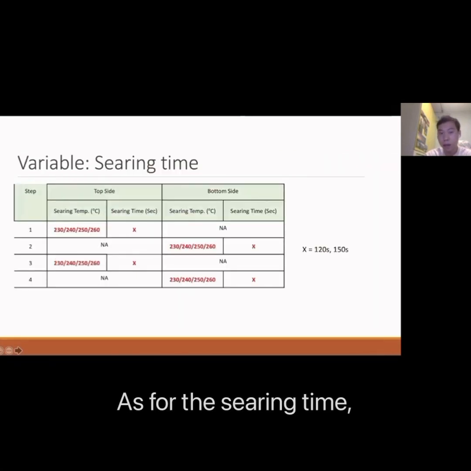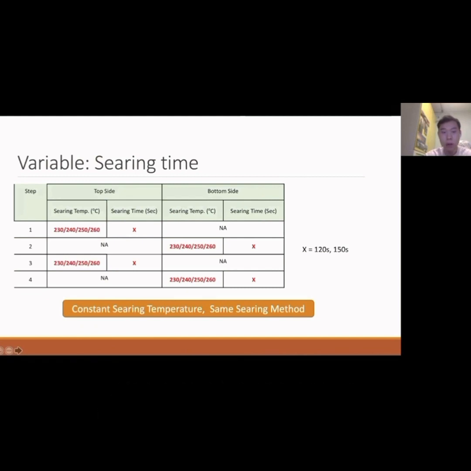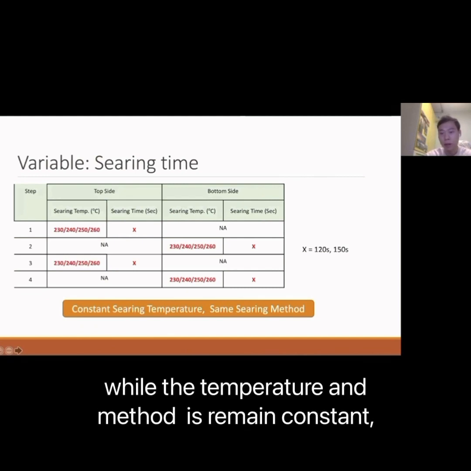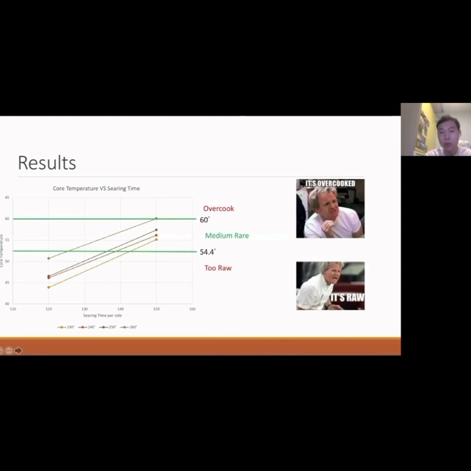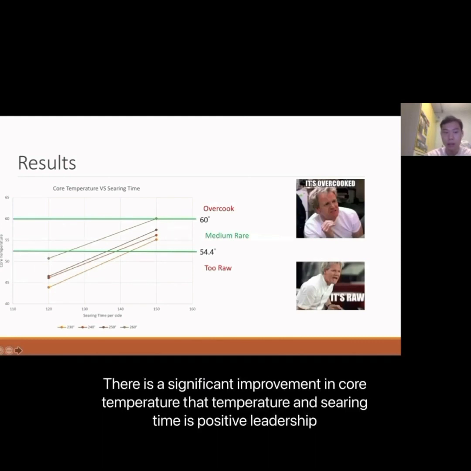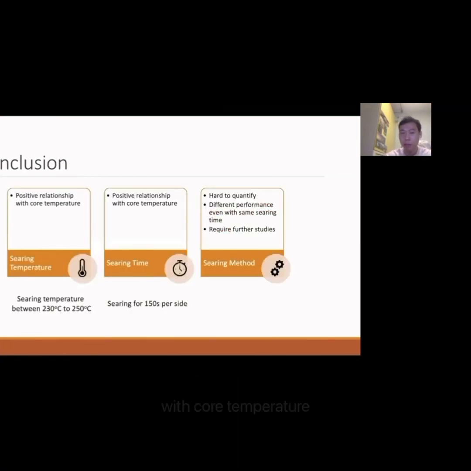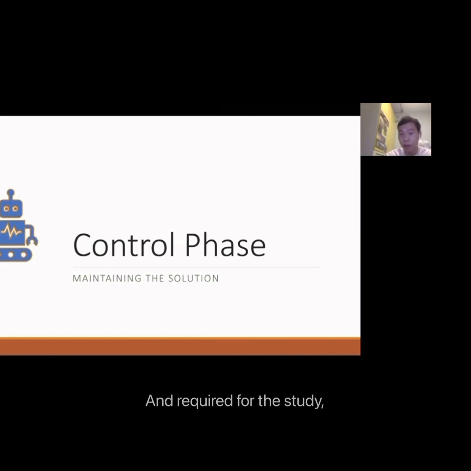As for the searing time, it's controlled to be either 2 minutes or 2.5 minutes, while the temperature and method remain constant. So we could see when the searing time increased to 150 seconds, there is a significant increment in core temperature. That shows temperature and searing time have a positive relationship with core temperature, but it is hard for us to quantify searing methods and it requires further study.